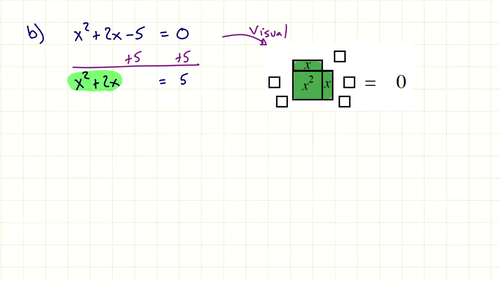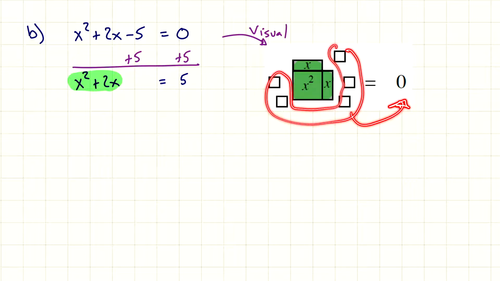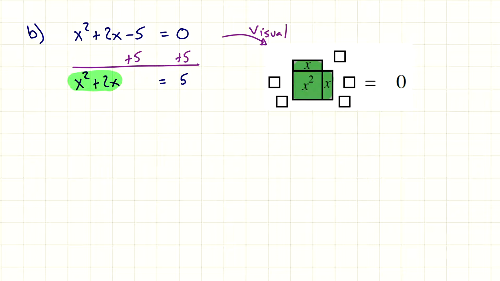This is one reason why we end up moving all the little squares to the right side, because they may be positive or negative. It's a lot easier if we take all 5 of these and move them to the other side, because none of those fit nicely in this one spot. We really have too many little squares.